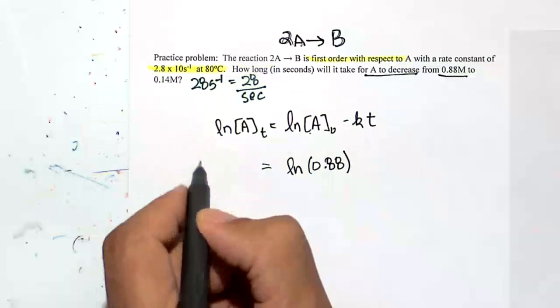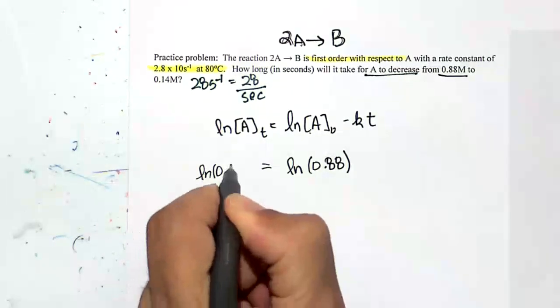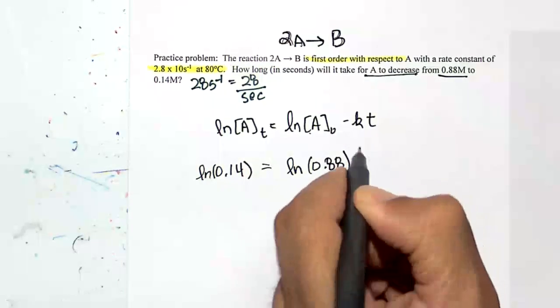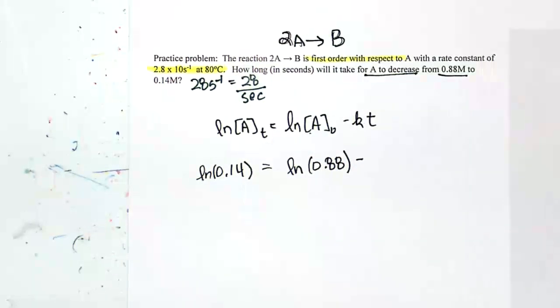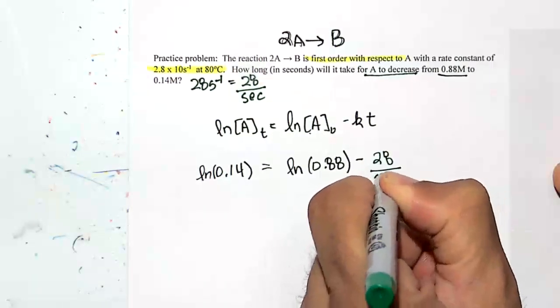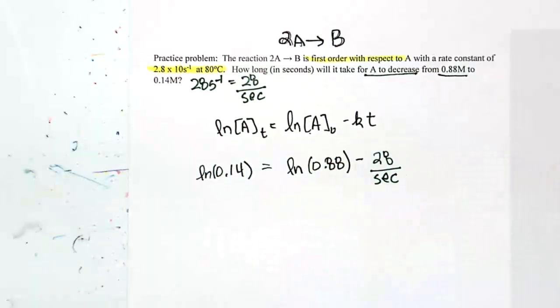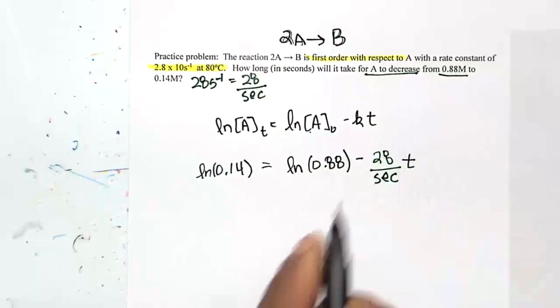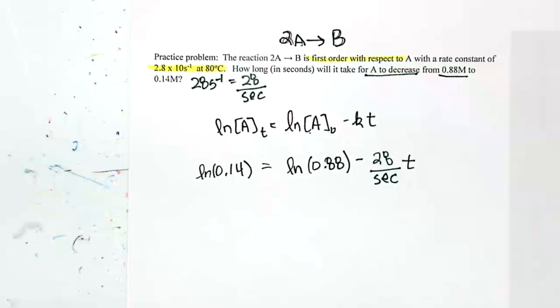What is time t? 0.14. Minus k. What's k? 28 over seconds, and this is time t.